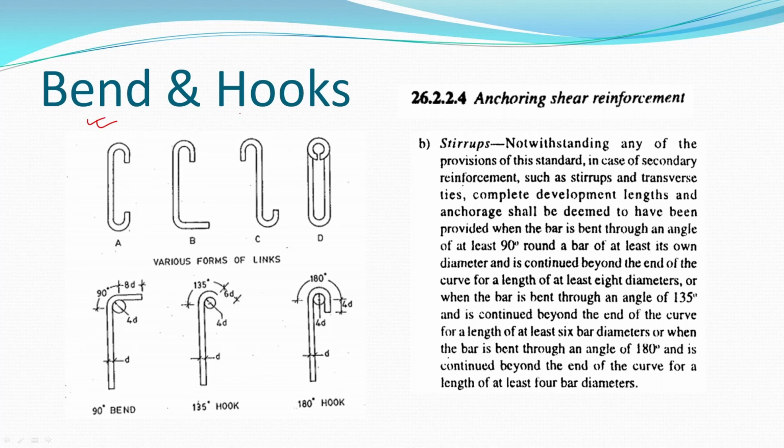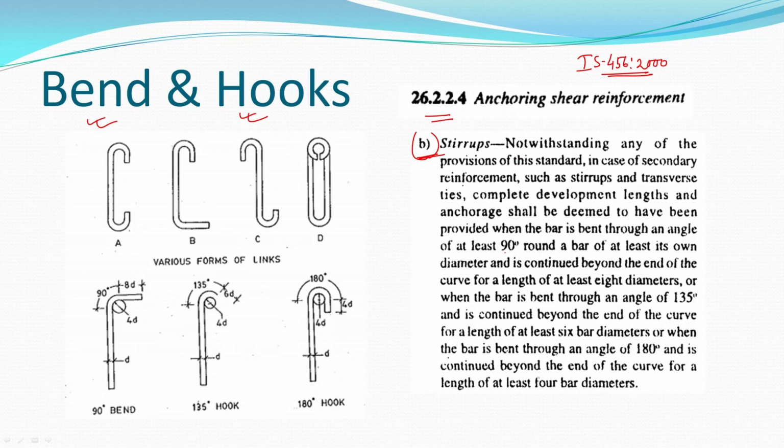Now the bends and hooks. In case of stirrup reinforcement, clause number 26.2.2.4 of IS 456 2000, and point number B, it specifies that complete anchorage shall be deemed to have been provided if any of the following specifications is satisfied.